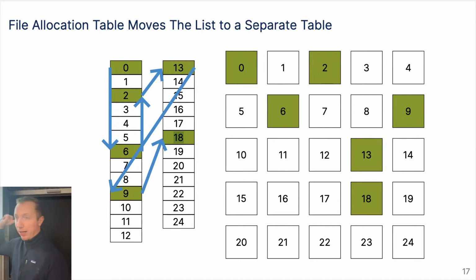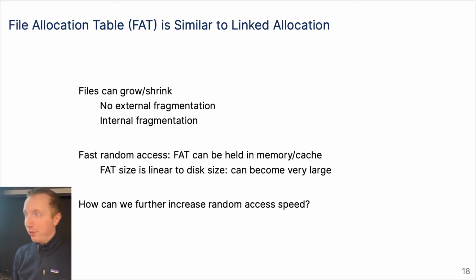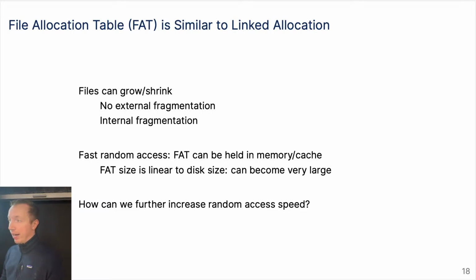But no matter what, every file is going to have to be able to reference every single block. So the file allocation table is related to how big the disk is. The bigger the disk, the larger your file allocation table is, and the less room you have to actually store files. So this is still using the idea of a linked list.